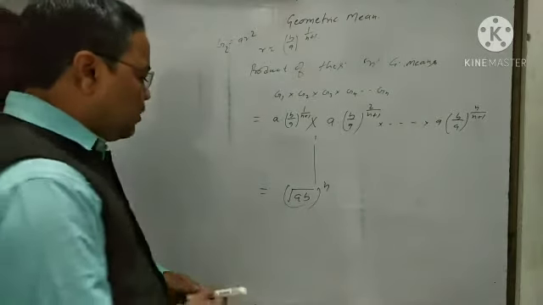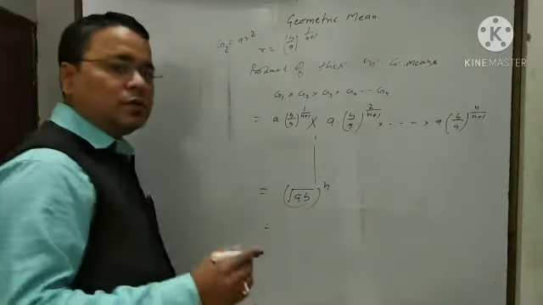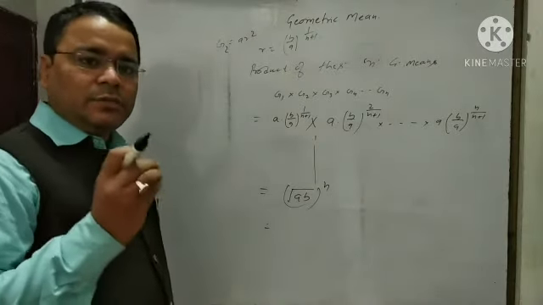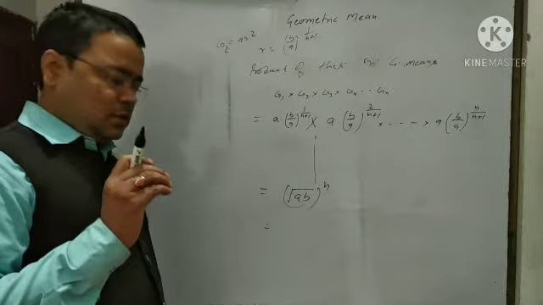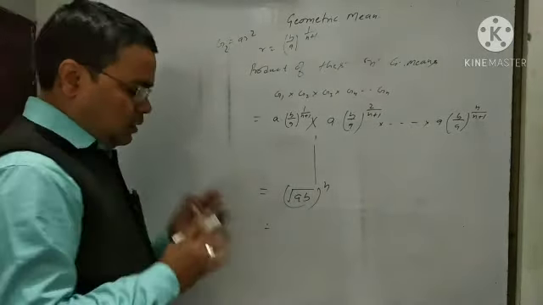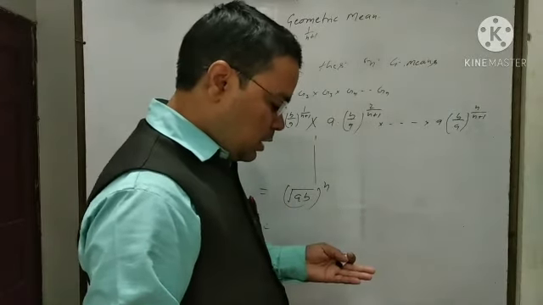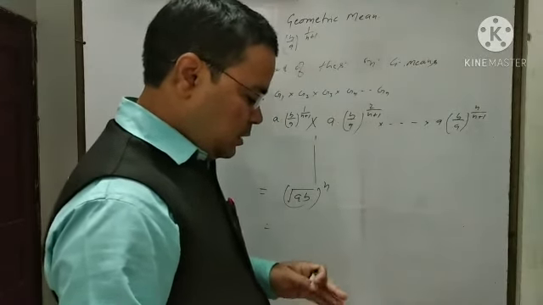And you know that under root AB is the geometric mean of the first term and the last term. It means we can write the nth power of a single geometric mean between A and B.